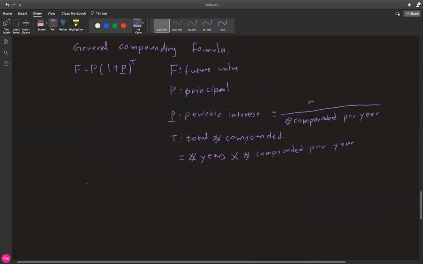There is one more type of compounding, continuous compounding. So the formula is as such.